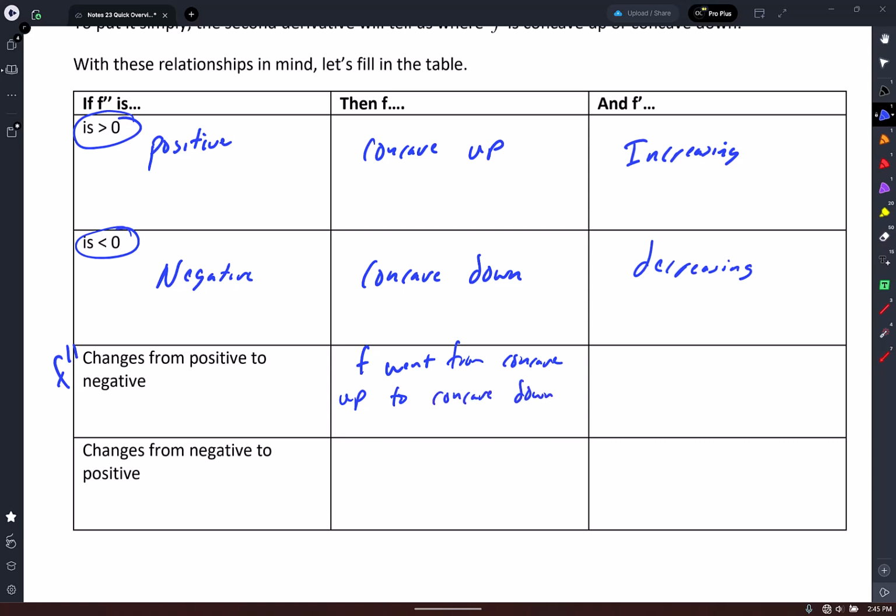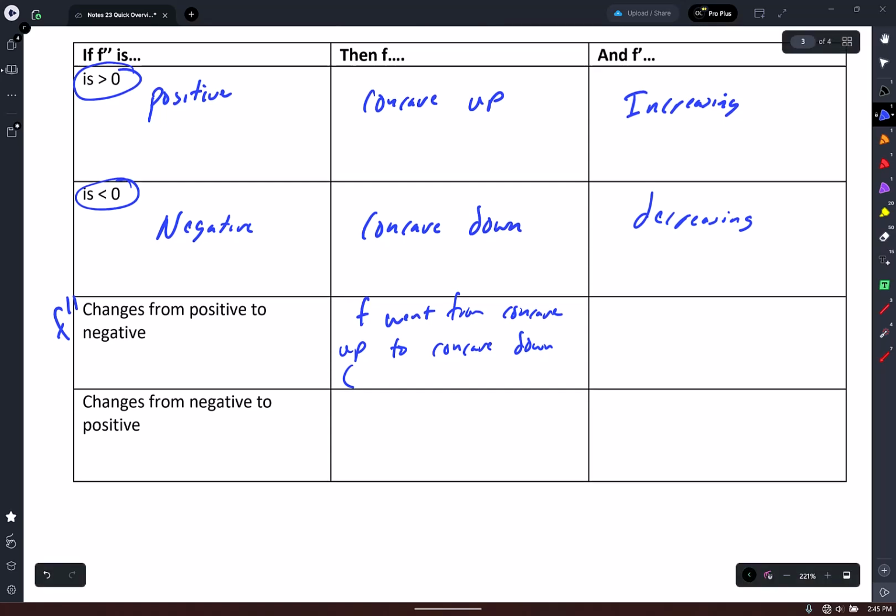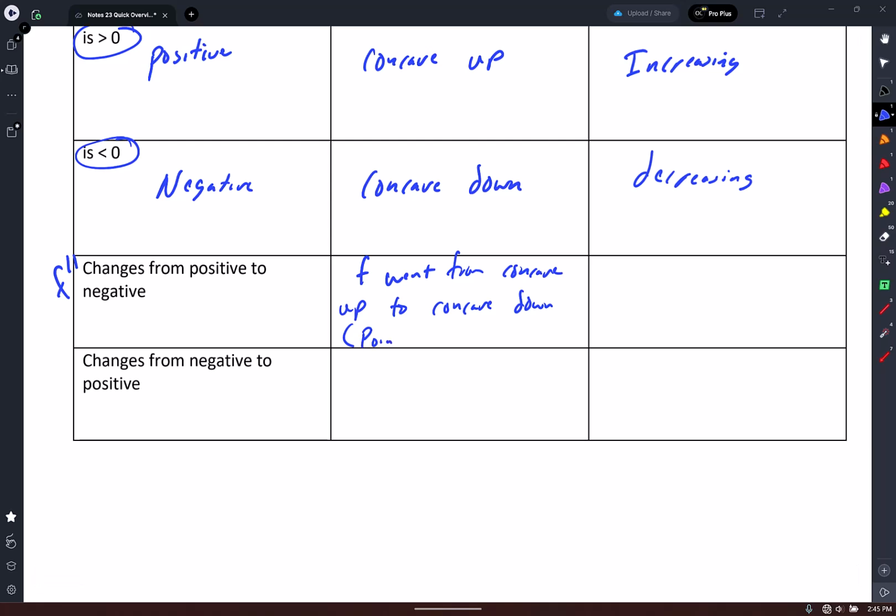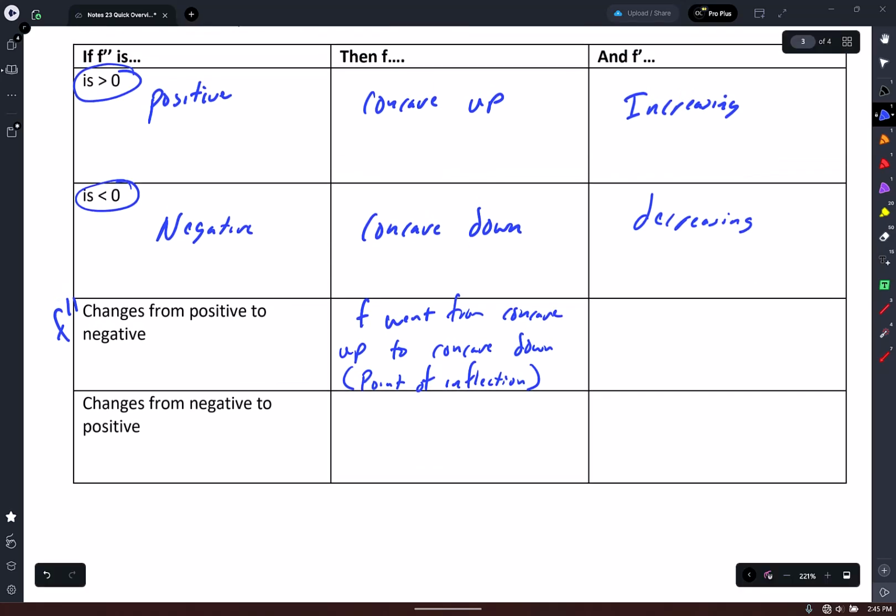And I'm going to open up parenthesis, which means that's a point of what? Point of inflection. F went from concave up to concave down. Point of inflection. Okay, and I'll slow down. You guys are still writing.